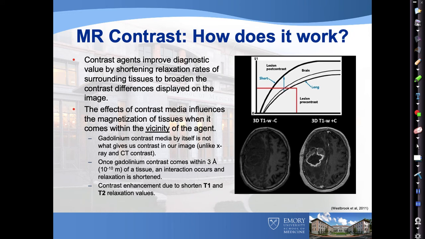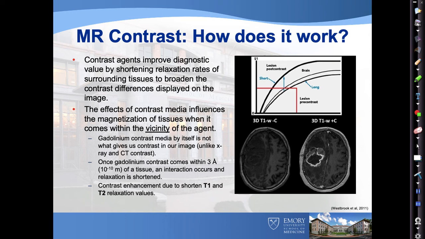So how does MR contrast work? Contrast agents improve diagnostic value by shortening relaxation rates of surrounding tissues to broaden the contrast differences displayed on an image. The effects of contrast media influence the magnetization of tissues when it comes within the vicinity of an agent.